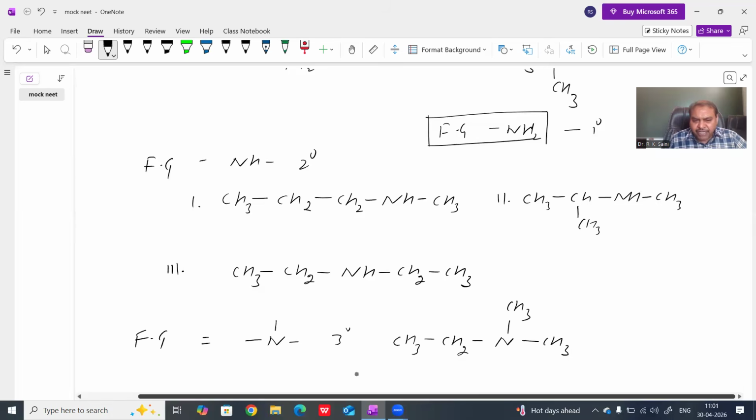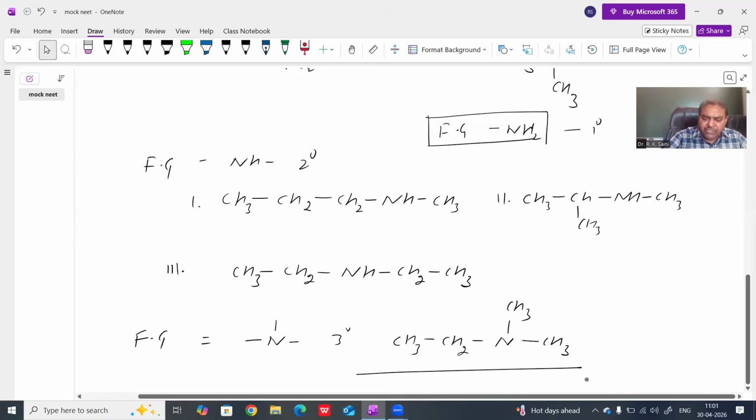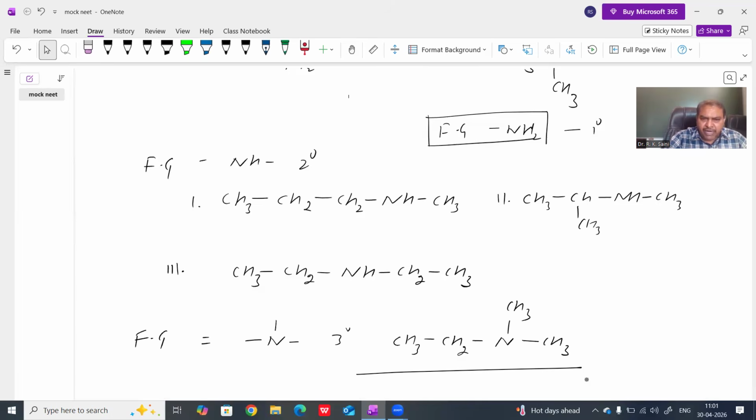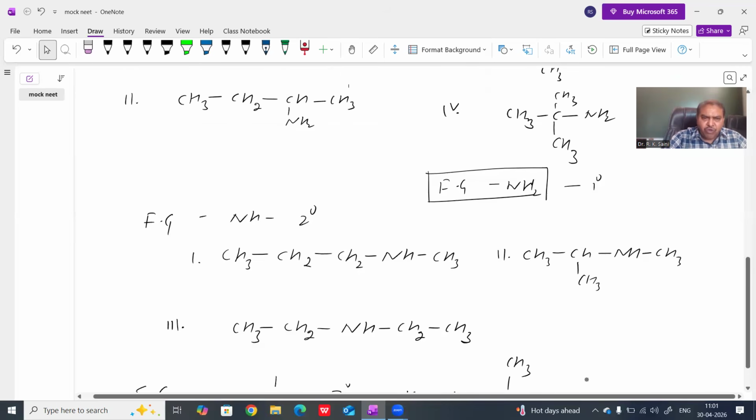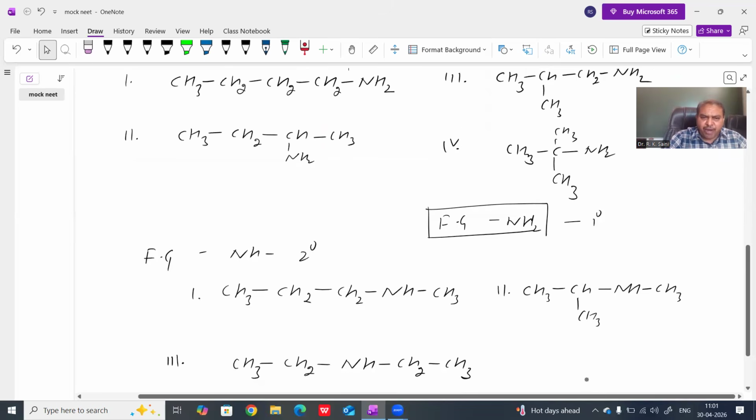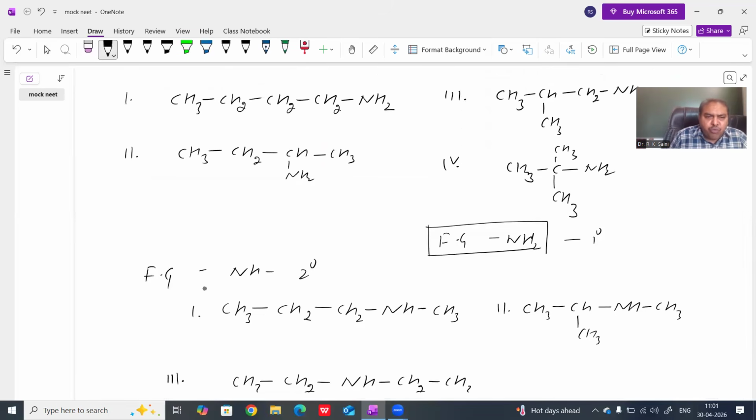Now, we consider total chiral centers. A chiral center is an atom like carbon at which all 4 valencies are satisfied with different atoms or groups. For example, in case of primary amines, secondary butylamine contains 1 chiral center carbon.